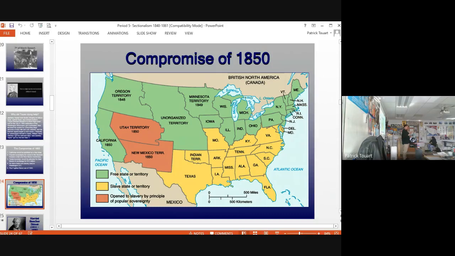No. It's like having your hand leave your body, he says. Your hand can't just go away on its own, right? Buchanan, who's considered up until recently the worst president in American history, will not do anything to stop them from seceding. So it depends on who the chief executive is, who the president is, right?